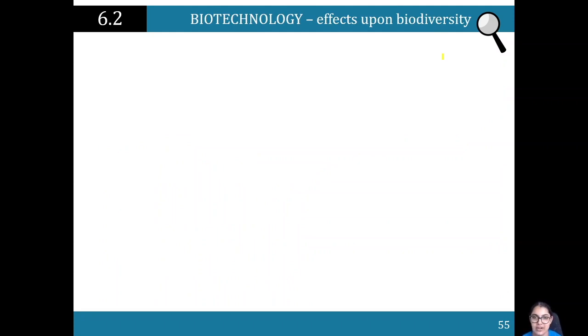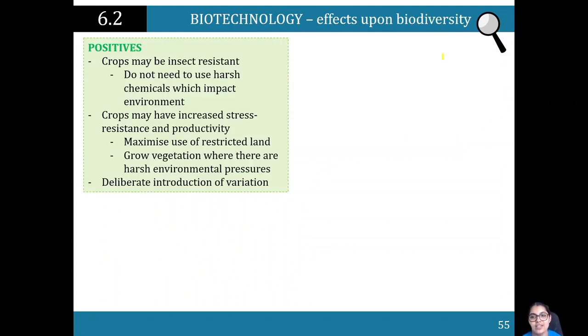But how does it affect biodiversity? So positives are that crops may be insect resistant, and so that means that we don't need to use harsh chemicals which impact the environment. Crops may also have increased stress resistance and productivity, and that can lead to us maximizing the use of restricted land.